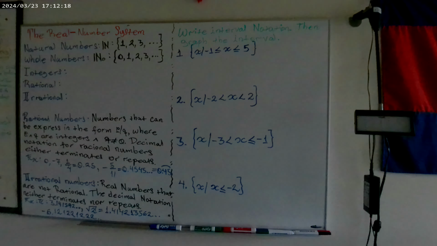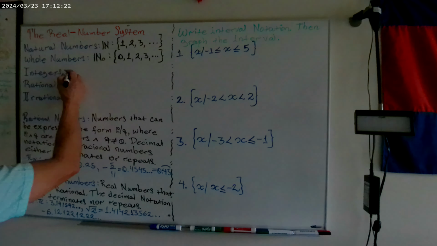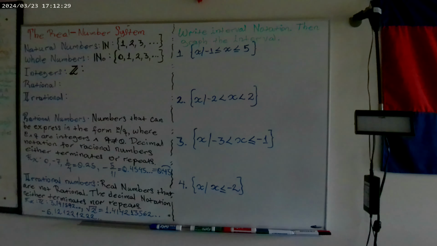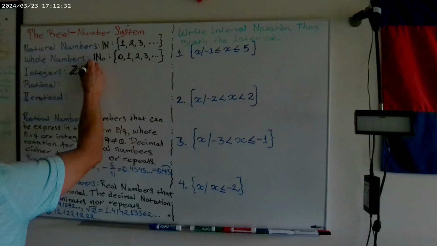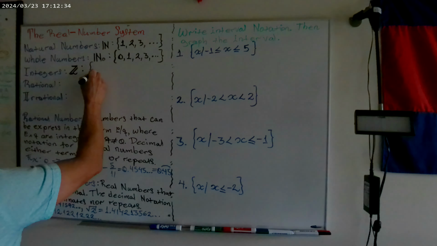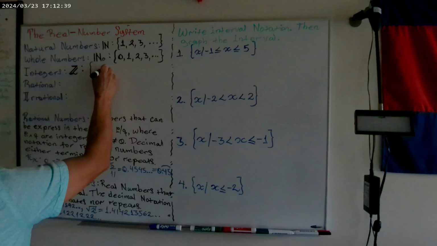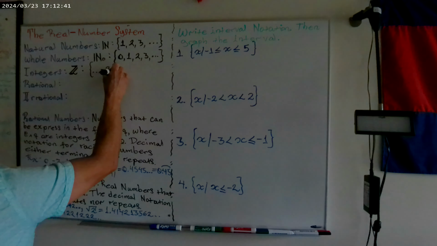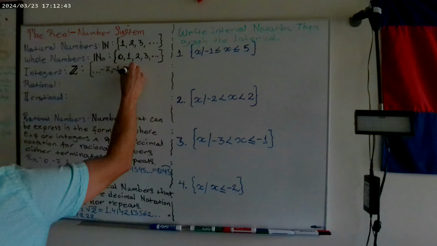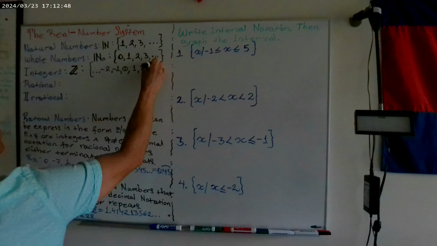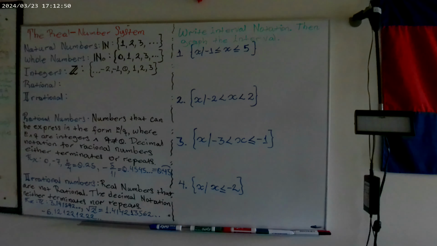And the next set of numbers in the real number system is the integers. The integers are represented by a letter Z, and the integers come from minus infinity and go all the way to infinity.